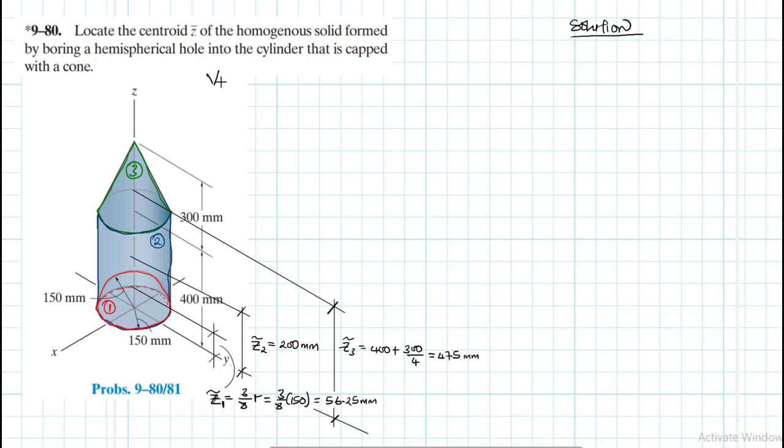So let's start with volume 1. What is the volume for a hemisphere? Okay, volume 1 for the hemisphere is going to be equal to 2 over 3 pi r cubed, which is equal to 2 over 3 pi times 150 cubed.